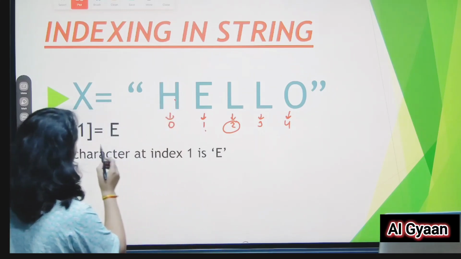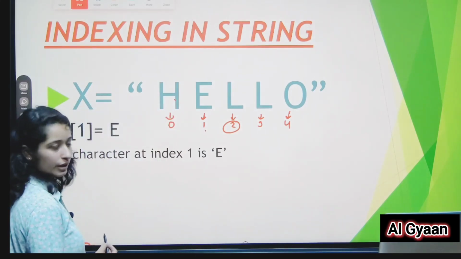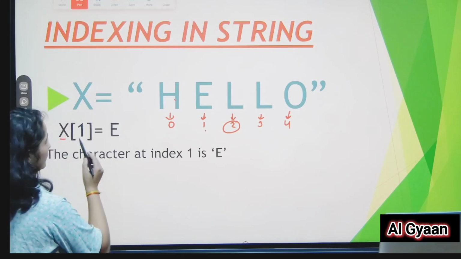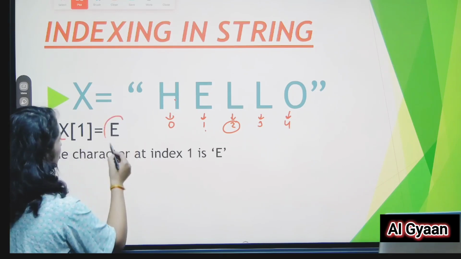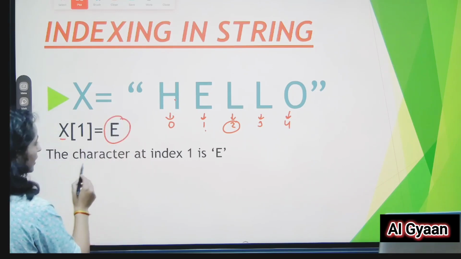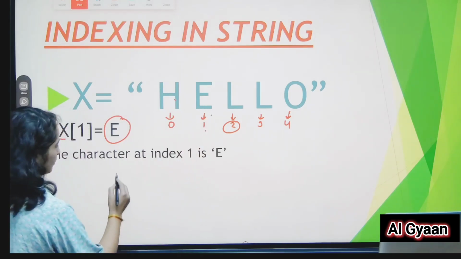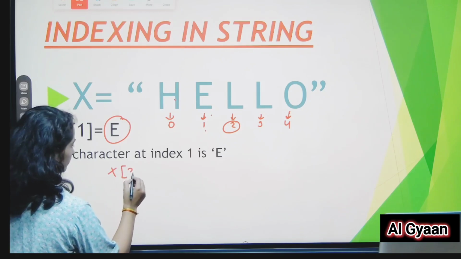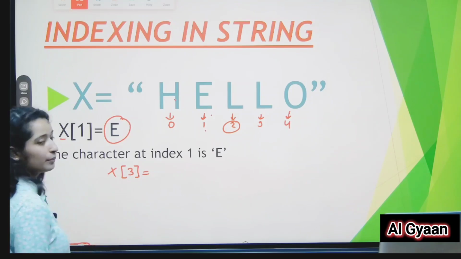So, for example, here I have written x, which is the name of the variable, and in square brackets I have written 1. So when I print, the output will be e, that is, the character at index 1 is e. Similarly, if I write x[3], which character will be at index number 3?